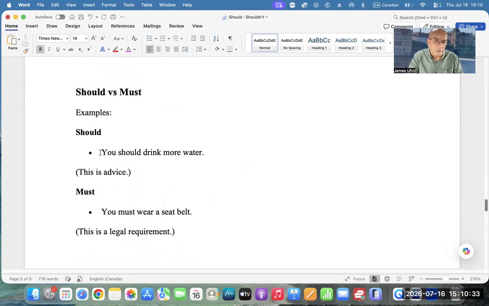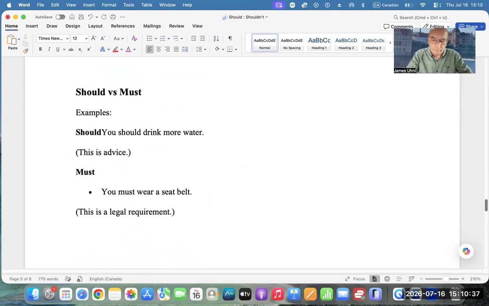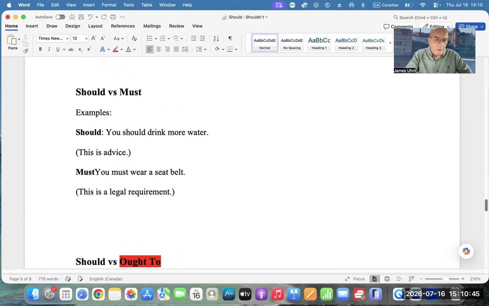And here, should versus must. Well, should is you should do something, and must is that you must obey the law, for example. So you should drink more water.